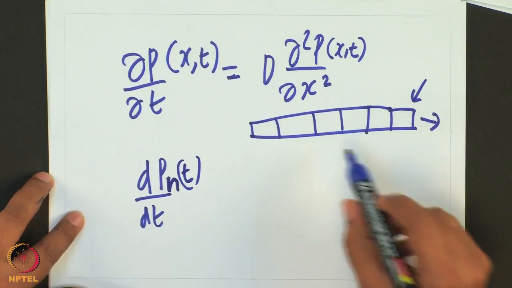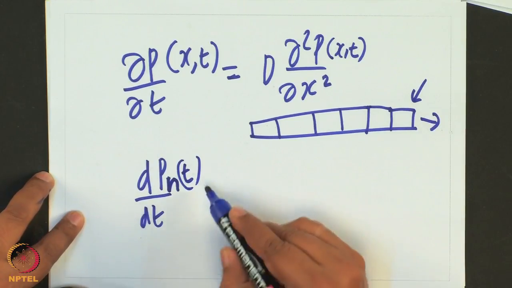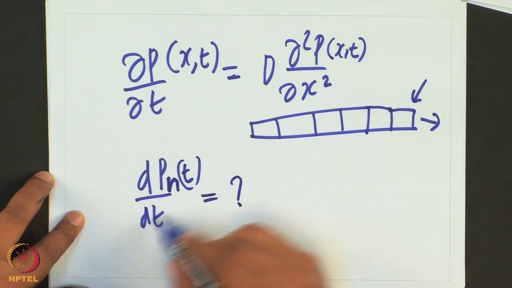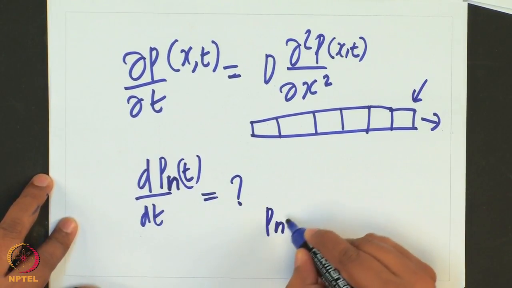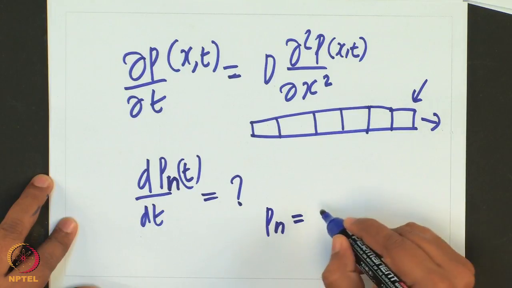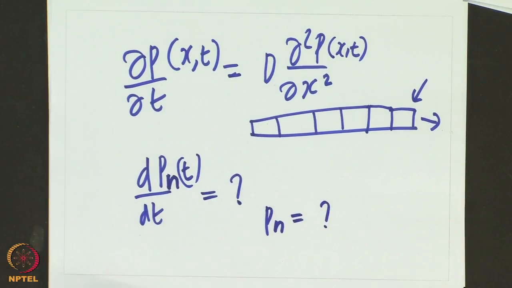What is the probability of finding polymers with n monomers? We can write equations for such probabilities and solve those equations and get Pn. Such equations are typically called master equations.